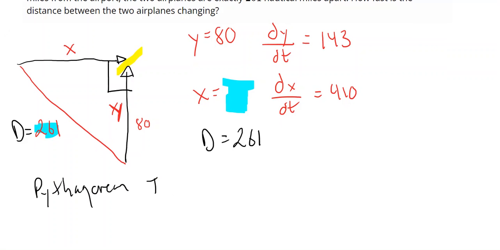The Pythagorean Theorem, in this particular case, would be D squared, the hypotenuse squared, is equal to one leg squared, or X squared, plus the other leg squared. That is our basic equation. And so what is it that we want to find now?